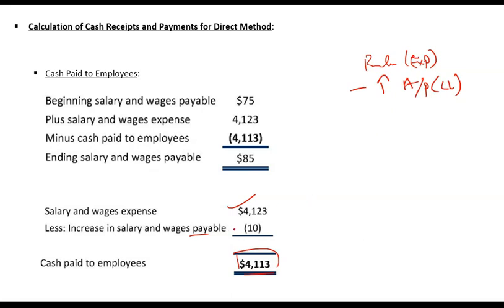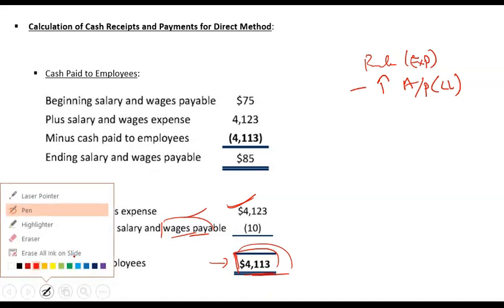Here again you will take the expense and subtract the increase in current liability. The only difference is that instead of purchases the expense would be salary, and instead of accounts payable the current liability will be wages payable, and this should give you your cash paid to employees, or the cash figure for the actual expense.